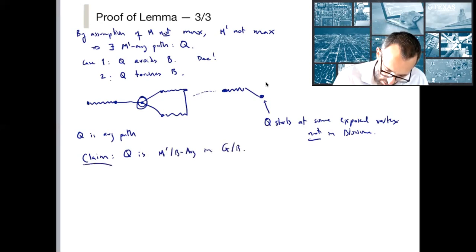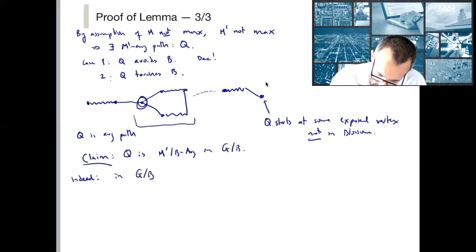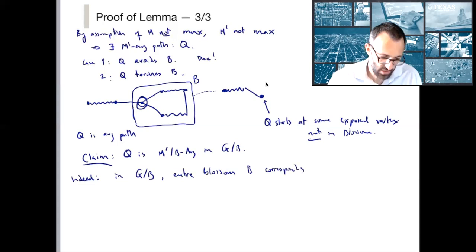And so let's see why this is true. So indeed, in the contracted graph, the entire blossom, this is B, the entire blossom B corresponds to a single node, and it has to be exposed.